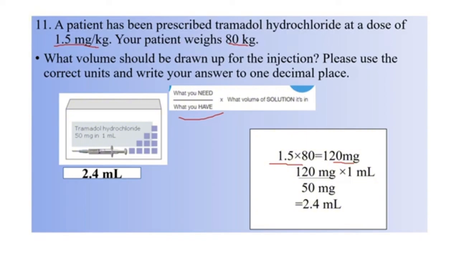The prescription is 120, which is our need, and we have 50 mg in a 1 ml ampoule. So if you calculate all these, you'll get the answer 2.4 ml. So you have to draw up 2.4 ml in the syringe.